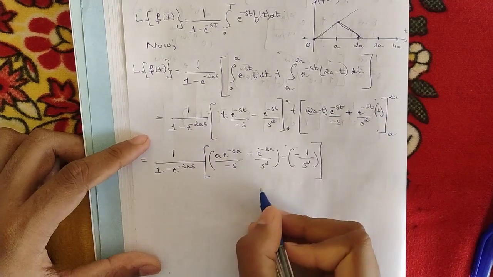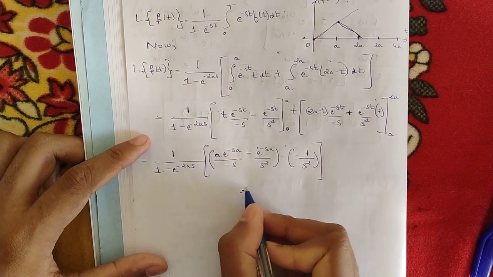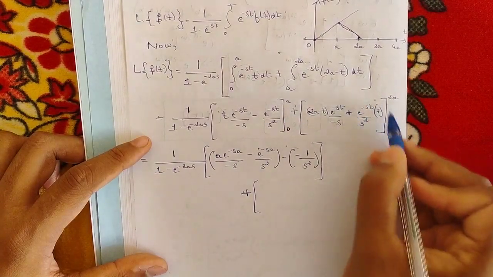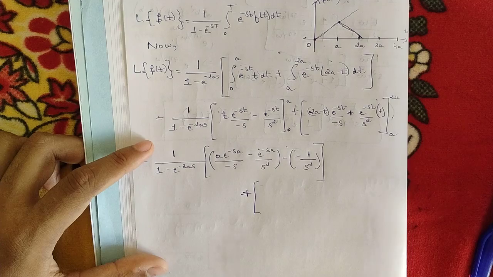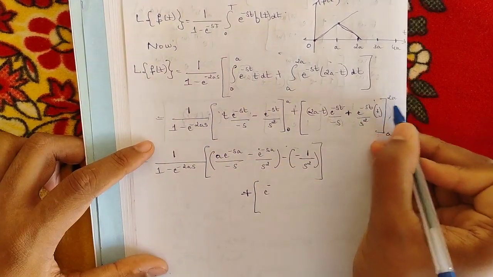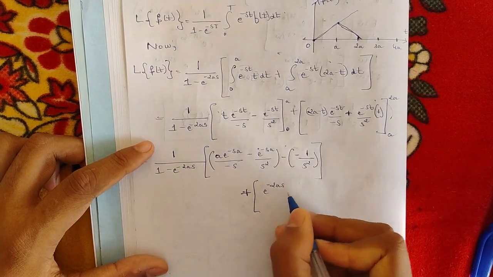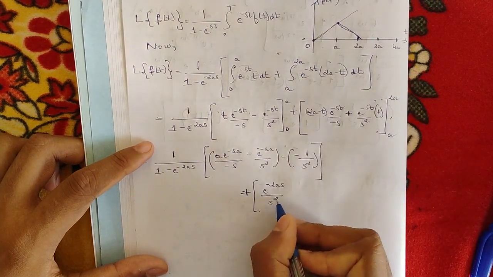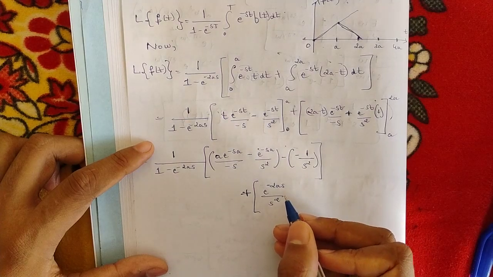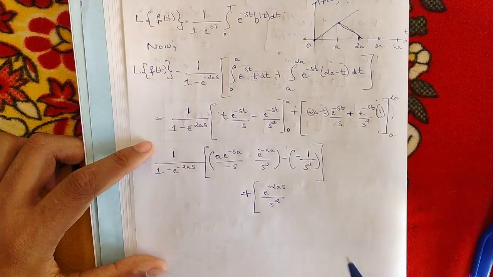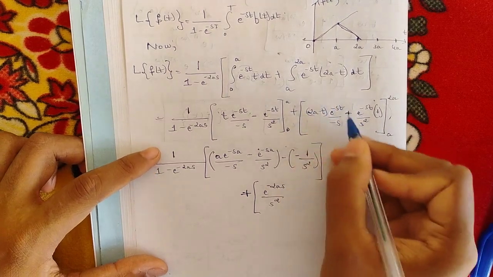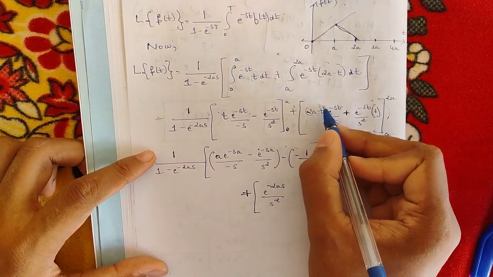Now for the second part I'll do it here, plus. First let us consider this as the first term and apply, that is e to the power minus s into 2a, that is minus 2as, divided by s square, and this term, if you apply the limits here, that is 2a minus 2a.